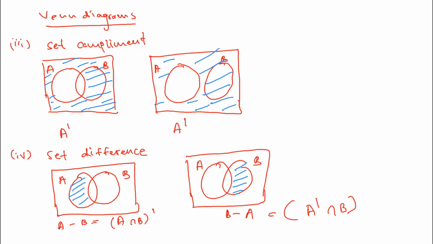From B, you deduct A, which means you deduct this middle part and you remain only with this part. So that will be equal to A dash intersection B. That means except A, whatever portion you have for B is for A dash intersection.